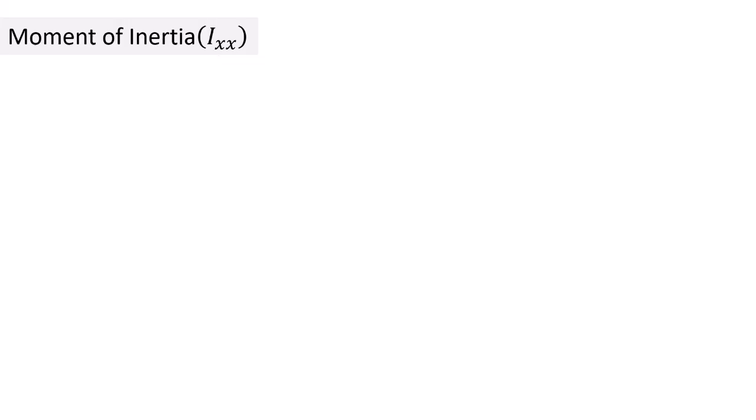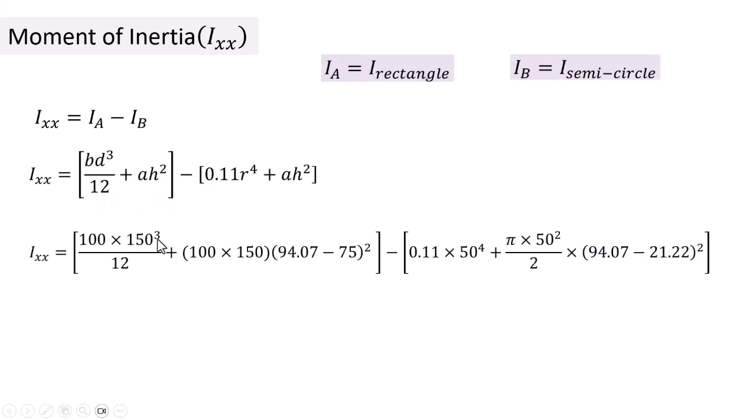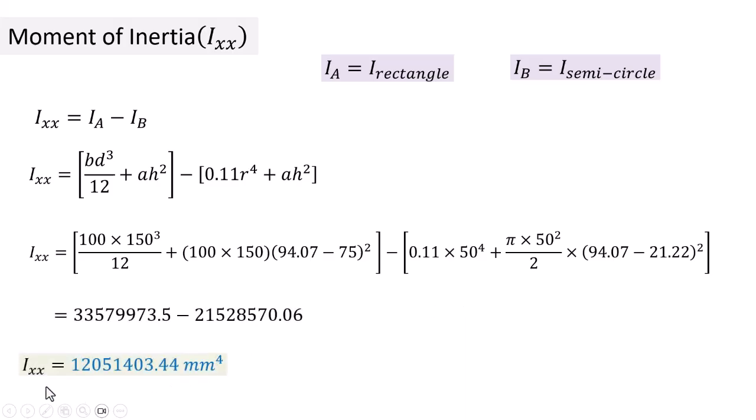The moment of inertia about the x-axis is calculated using the parallel axis theorem and it needs the centroidal data of the section. The calculations are performed step by step. Just go through here, and we get the final value of the moment of inertia about the x-axis.